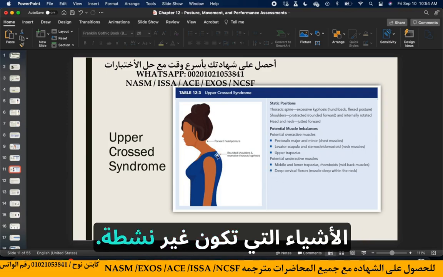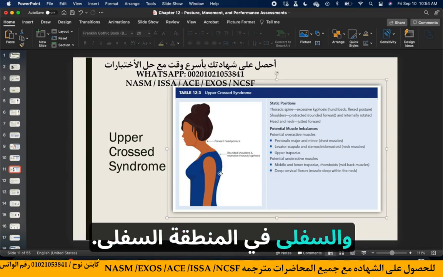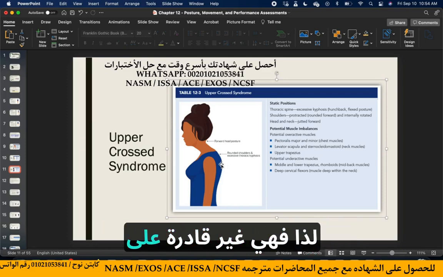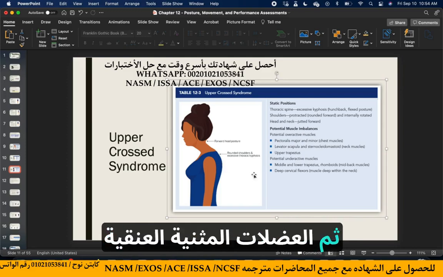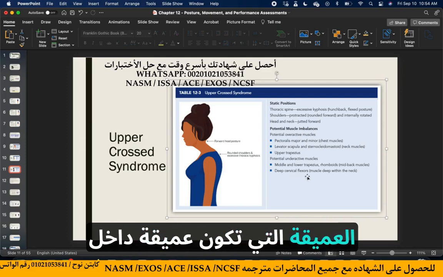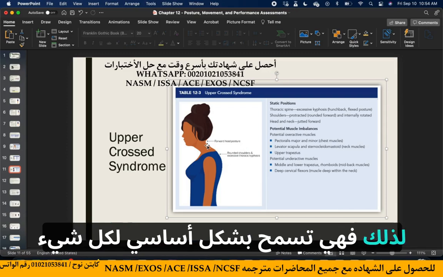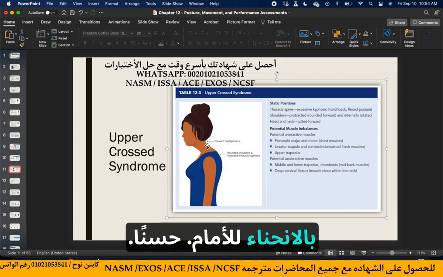Things that are underactive, your mid and lower traps down in the lower region. And then your rhomboids, and they are basically weak, so they're not able to pull that back into posture. And then your deep cervical flexors that are deep within the muscles that are going to flex the neck, those are going to be weak too. So it basically allows for everything to flop forward.